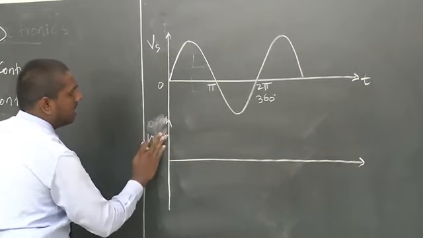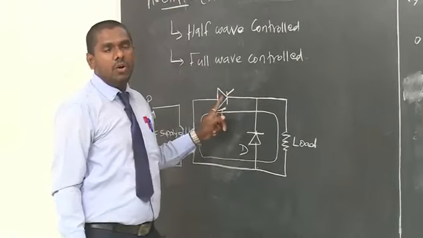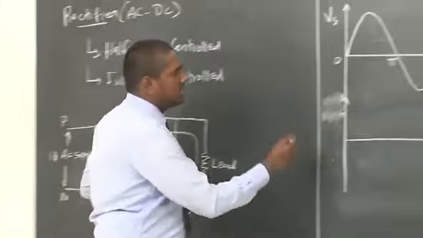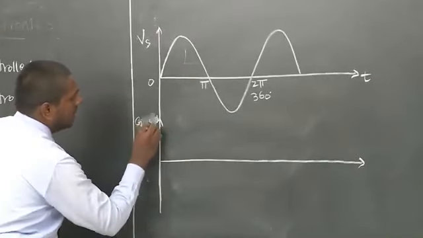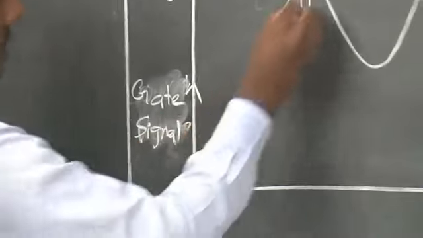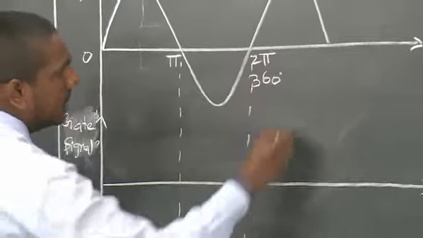Before the output voltage, we have to enable this thyristor. How can you enable this thyristor? Based on the gate signal. So that is the gate signal. First we have to split it up like this.